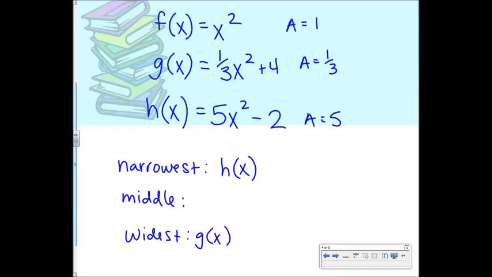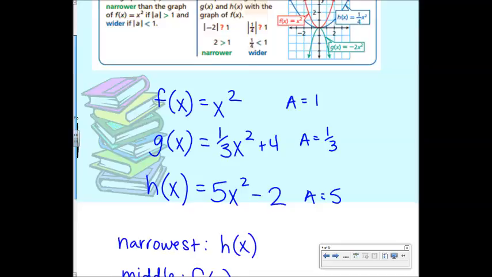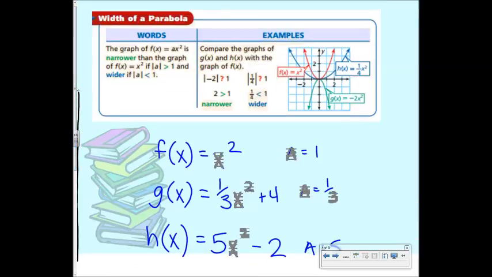All right, so the middle is f of x. So again, it kind of goes a little bit backwards for what you would think. The narrowest graph is actually the largest A value. So when you're looking for width or narrowness, you just look at the A value.